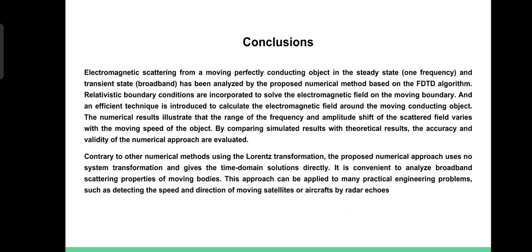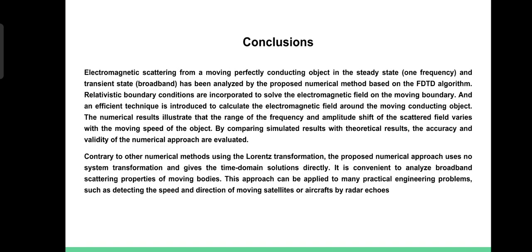Conclusion: electromagnetic scattering from a moving perfectly conducting object in the steady state at one frequency and in the transient state with broadband has been analyzed by the proposed numerical method based on the FDTD algorithm.